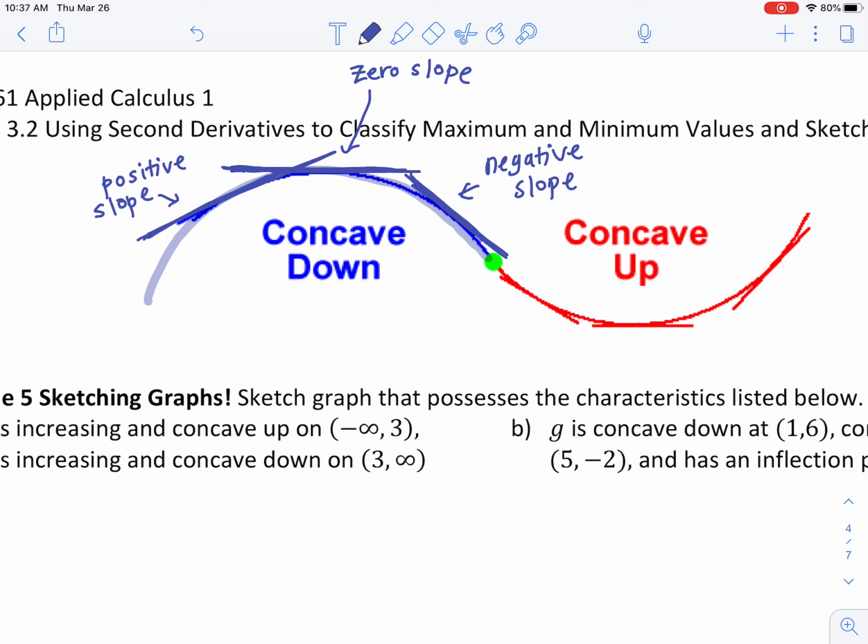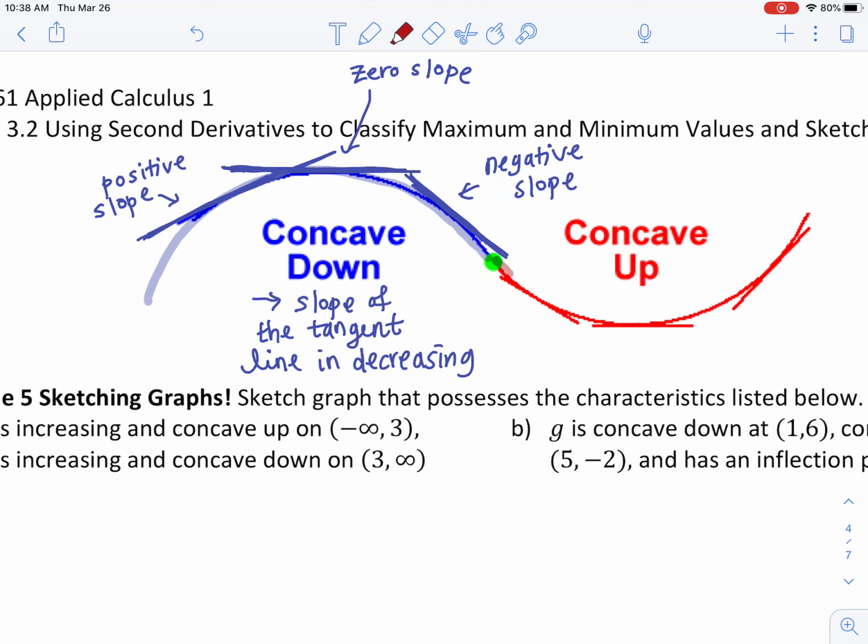What I want you to notice is that going from positive to zero to negative, concave down is where the slope of the tangent line is decreasing. And we call that the concave down part of the graph.